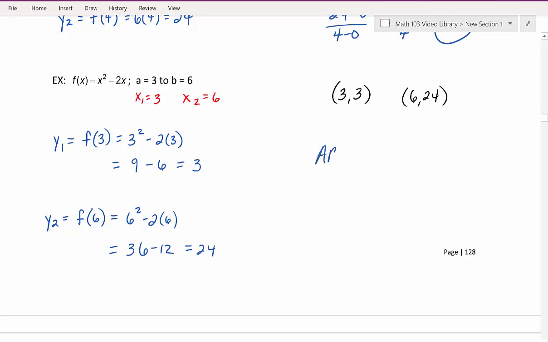Our average rate of change, I'm going to abbreviate it this time, is equal to 24 minus 3 over 6 minus 3. That's going to give us 21 over 3. The average rate of change of the function x squared minus 2x between a equals 3 and b equals 6 is going to be 7.